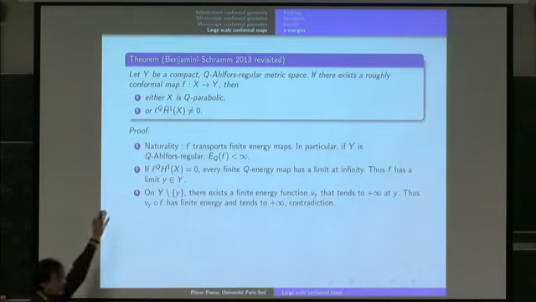And so I compose this large-scale conformal map, which has a limit y, with a function on the range which has a pole at y. I thus obtain a function on the domain which tends to infinity at infinity and has finite energy. But I just said that such a function must have a constant limit at infinity.